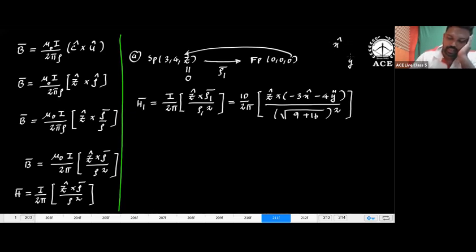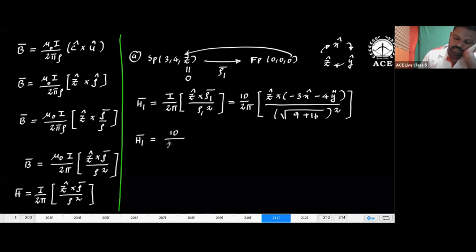Here it is x cap, here it is y cap, here it is z cap. So here H1 is equal to how much? Here it is 10 divided by 2 pi into 25, into z cross x is y, here it is minus 3y cap.